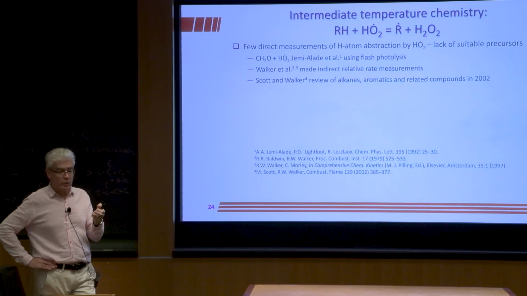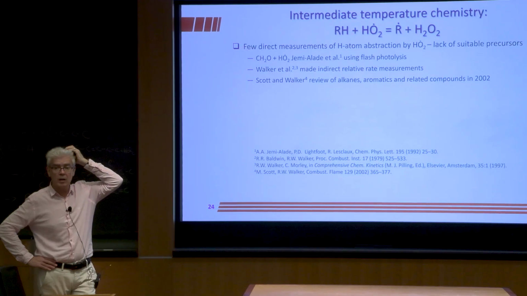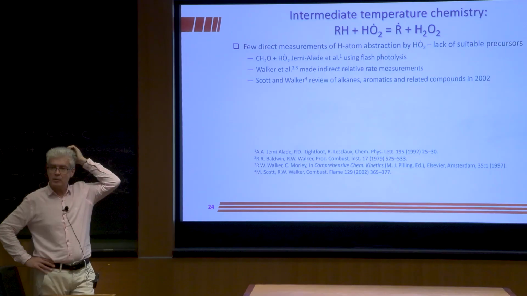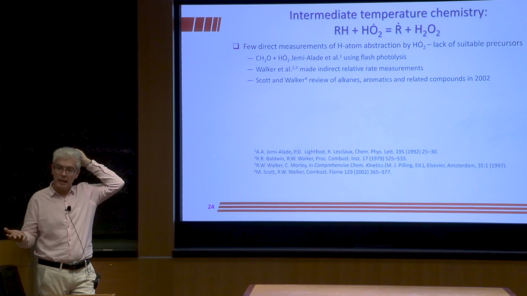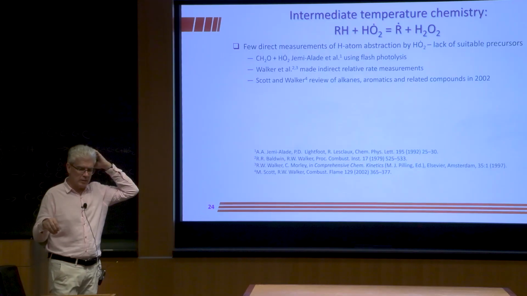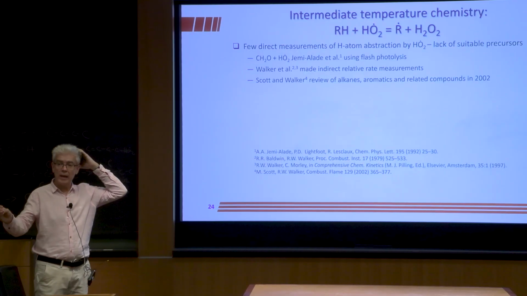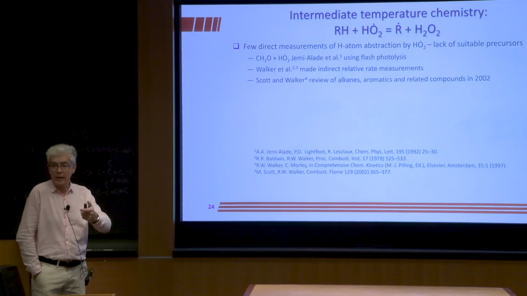So Amer Farooq, who did his PhD working with Ron Hanson, is now a professor at KAUST and has been for many years. He's done a lot of studies, as I said before, looking at fuel plus OH, and he's measured rate constants for that. But you have a nice precursor for the OH, some peroxide, and then you get the OH, so then you can study whatever it is plus OH, okay?